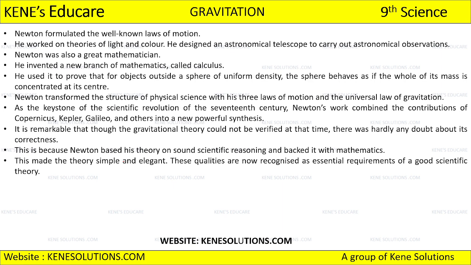So this is all about Newton, what he did and the different inventions he made. Everything has been given here, and I want each one of you to please write some points from this slide as well.